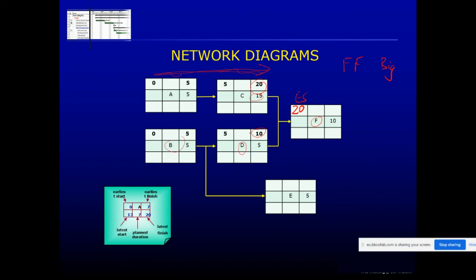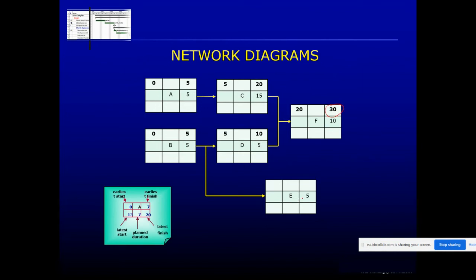B and D can be done in 10 days because it's 5 days plus 5 days. But you can't start F on day 10 or 11 because you're still waiting for A and C to finish. So it has to be the bigger value. So that becomes day 20, 20 plus 10, and this becomes day 30. So the project is going to take 30 days.